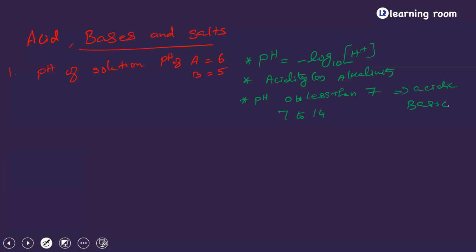So based on that, city B is more acidic. If you write the answer like this, you will get the full mark.